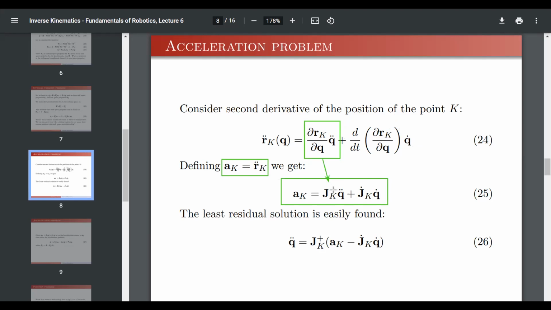So this is where we get this part, plus J dot times q dot. Okay. I hope this is clear. In a sense, if you remember that v is equal to J times q dot, what's the derivative of J times q dot? Well, it's J q double dot plus J dot q dot. So this is somehow clean, easy to understand. This might be more confusing because of the big amounts of partial derivatives and stuff.